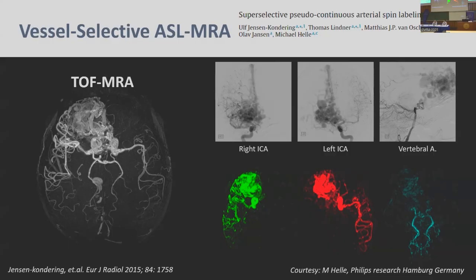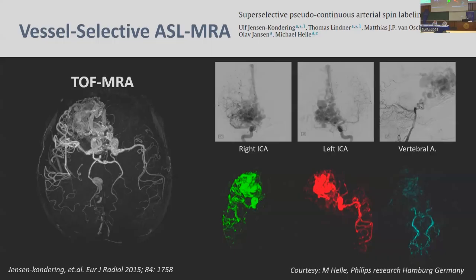This is a very crucial challenge: we are very successful in developing novel labeling schemes, but we are not very successful in implementing a robust and user-friendly planning method on the MRI scanner for everyday clinical scans.